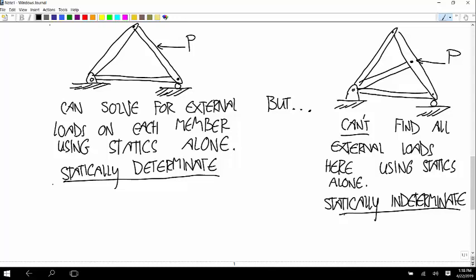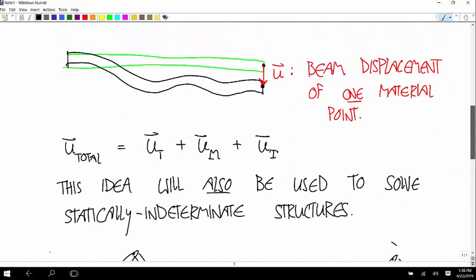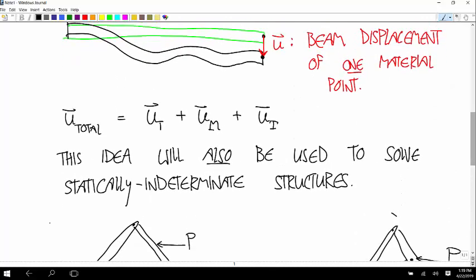That was a lot of just talking, but here's the simple idea. We're going to come up with ways to calculate the displacements at different points due to tension, bending moment, and torque.